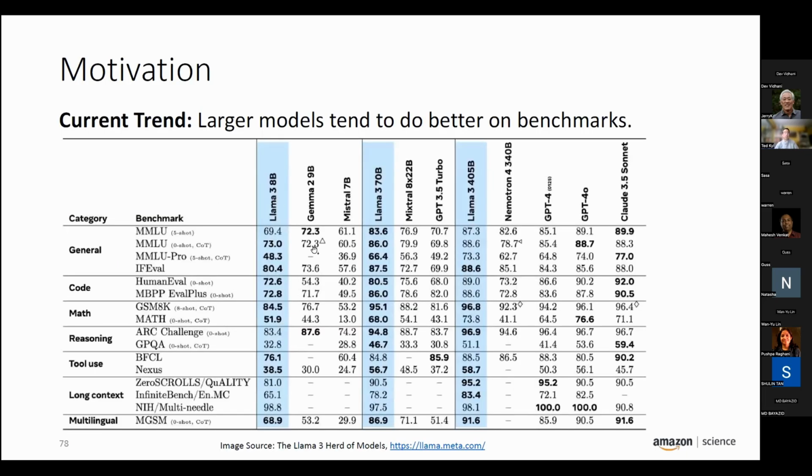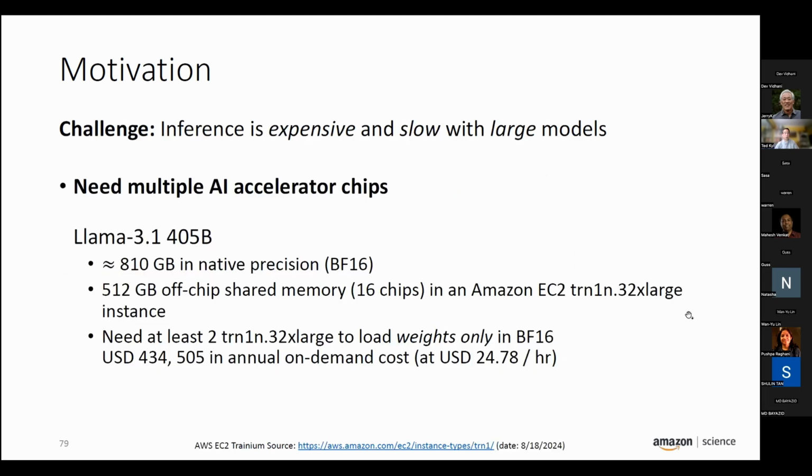Okay, so motivation. No one here is going to be surprised that larger models perform better. Great, but the problem is that with large models, inference is expensive and slow. Imagine you're using one of the newest Llama models, 3.1 405 billion.